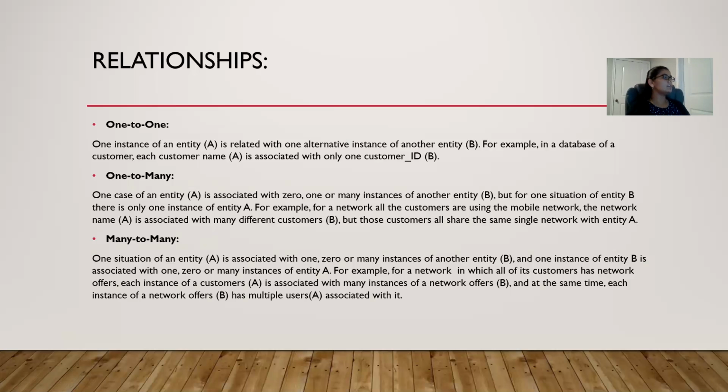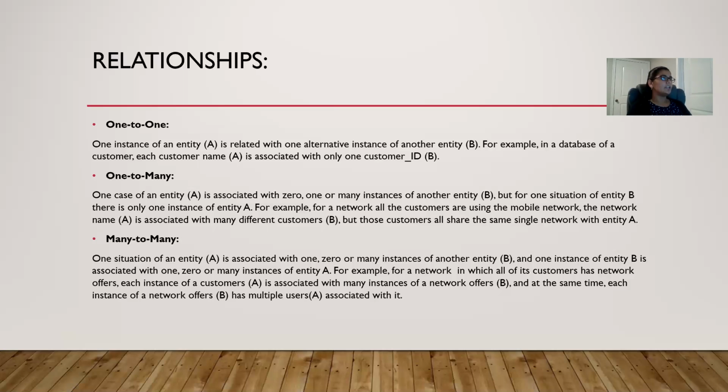The next is one-to-many relationship. So if one instance of an entity A is associated with 0, 1, or many instances of another entity B, and the opposite situation must be false. That is, for one instance of entity B, there is only one instance of entity A. Then such kind of relationship is said to be one-to-many relationship.